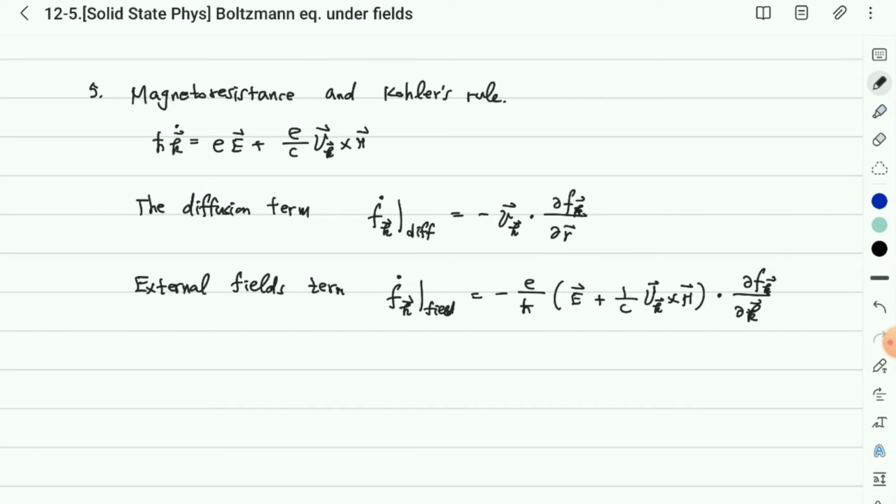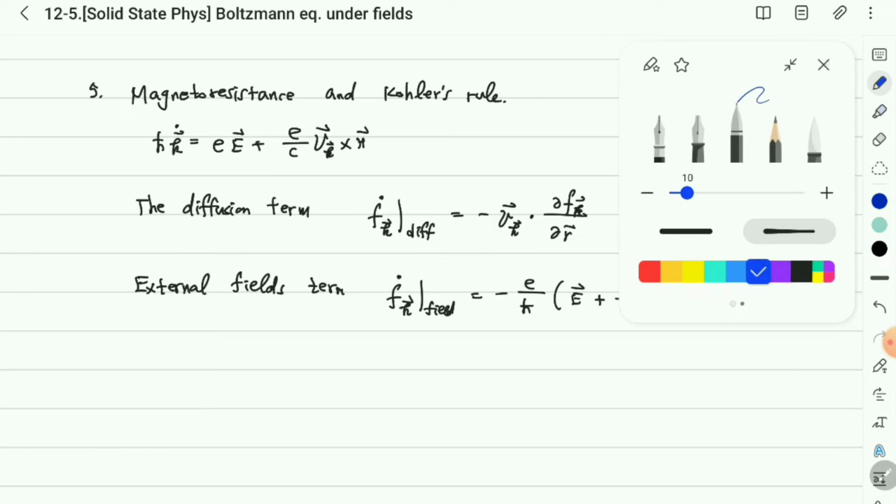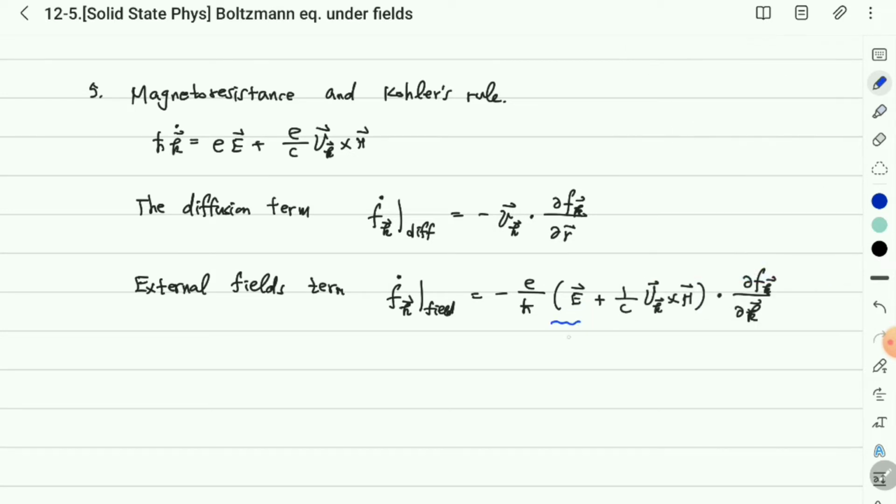Then let's consider the electromagnetic field, the first term and the second term. The first term is minus e over h bar, E dot partial f_k over partial k.